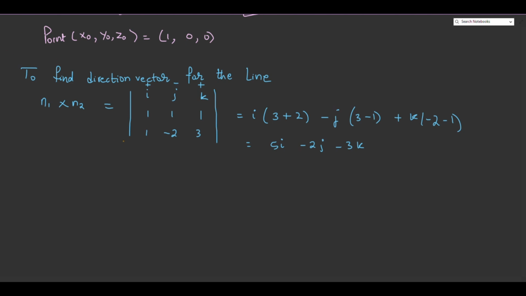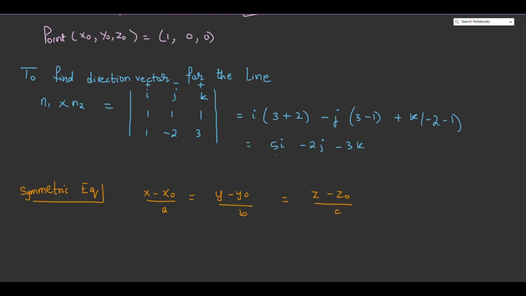By using these two things, we can find the symmetric equation of the line, which is given by (x minus x0) over a, equals (y minus y0) over b, equals (z minus z0) over c. The values of x0, y0, z0 are 1, 0, 0.